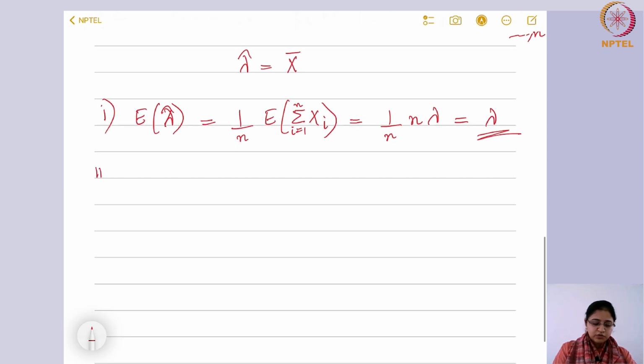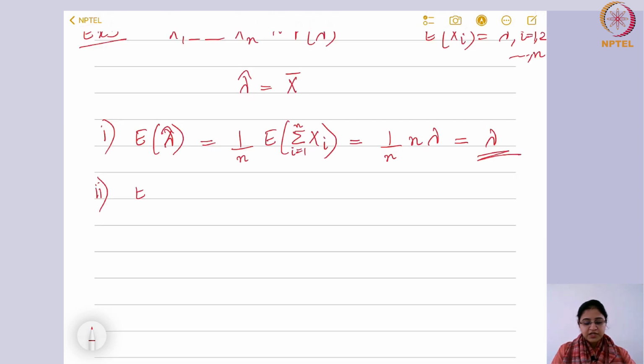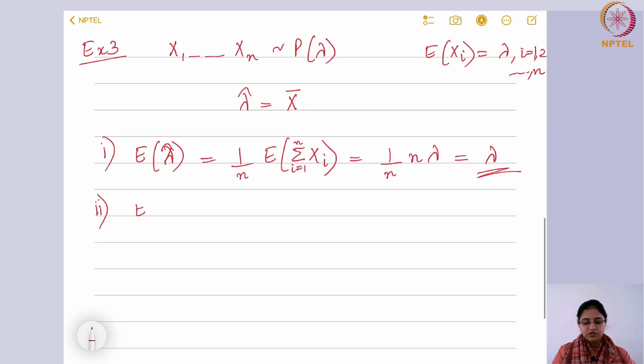The next part over here was to see whether X bar is a unique unbiased estimator or not, or whether there exist some more unbiased estimators for lambda.